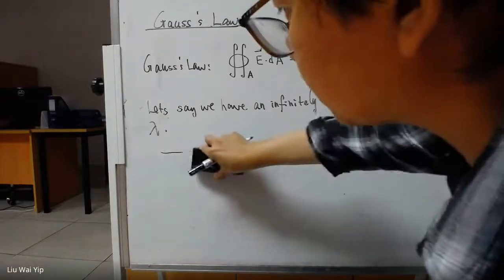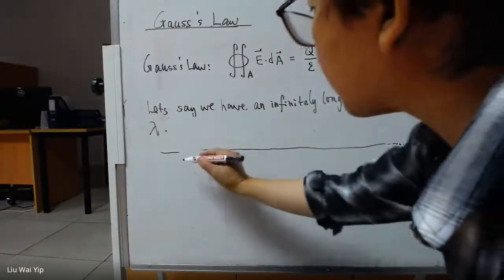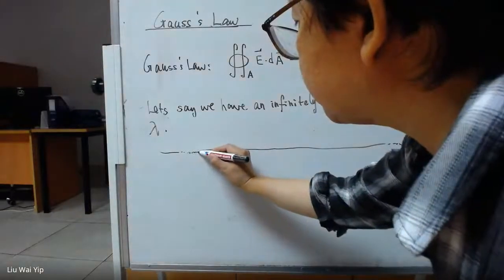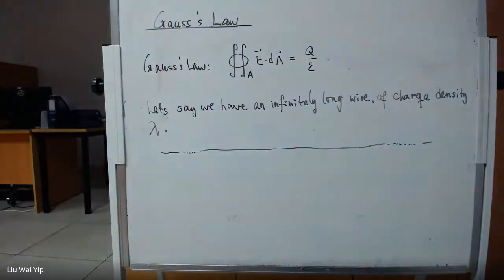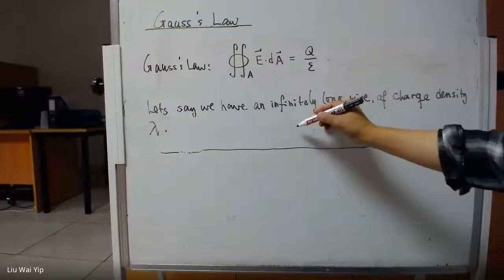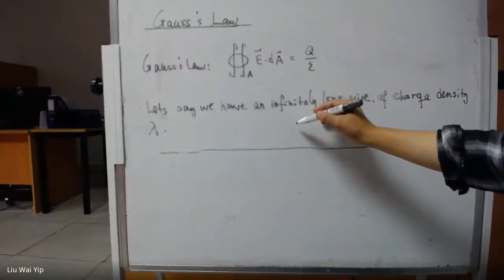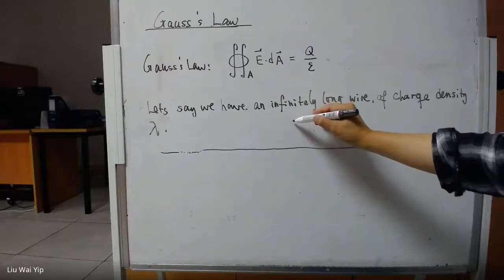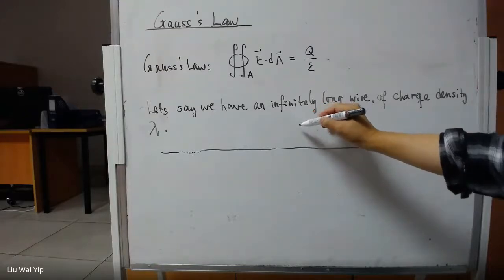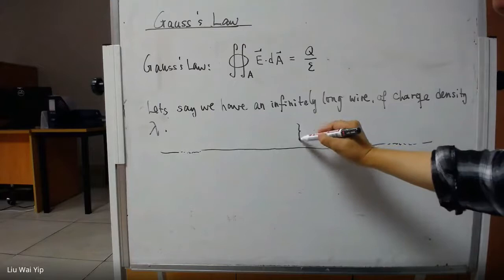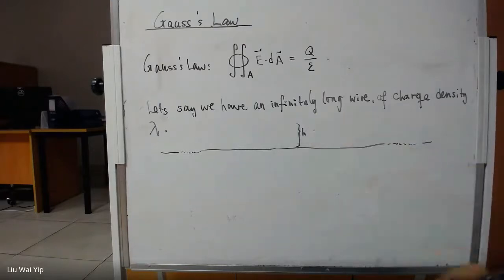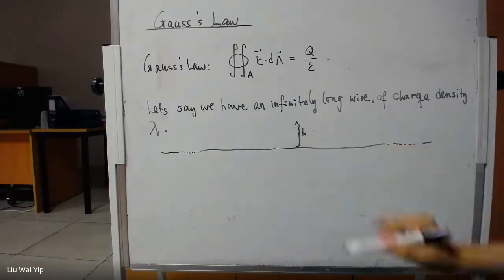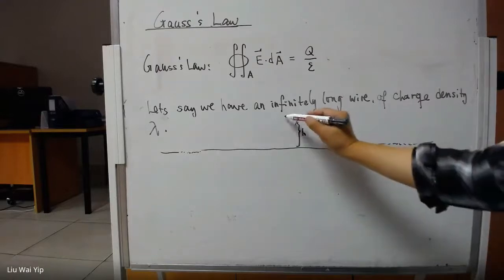And we are going to do the same. Suppose we use a tester to detect the electric field at some points. Say the point that we are interested in is H, and we are going to detect the electric field here.